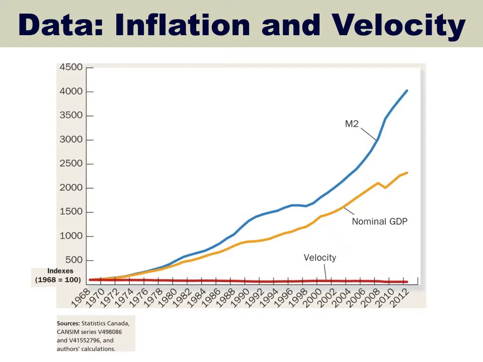Now here's a graph that shows us that velocity is indeed constant, more or less. Right? Velocity is about how many times a bill, a currency of some sort, changes hands. We could imagine that I were to buy something from Mary, and I give Mary $5.